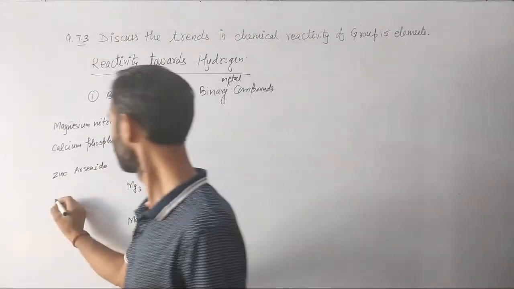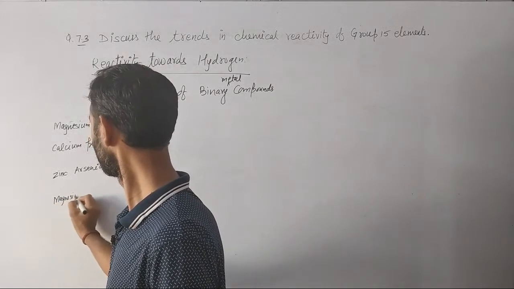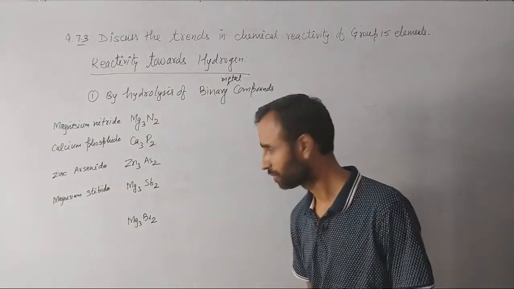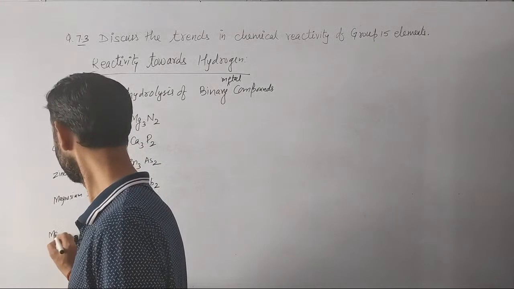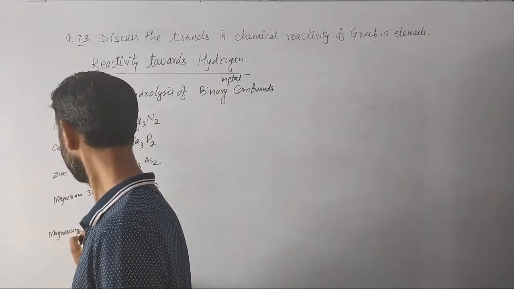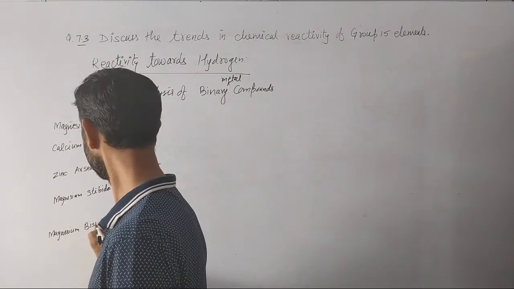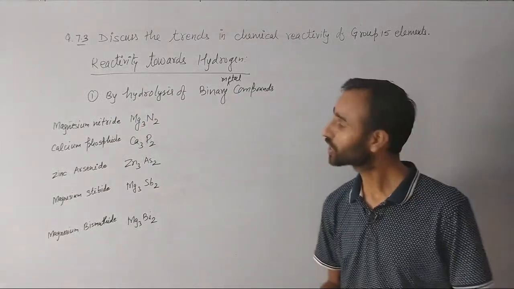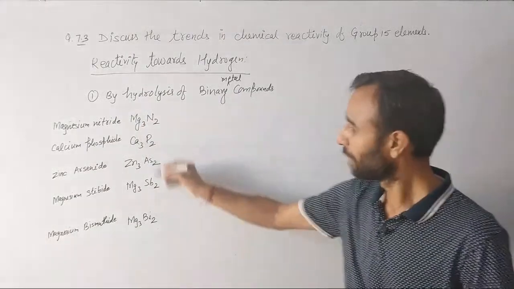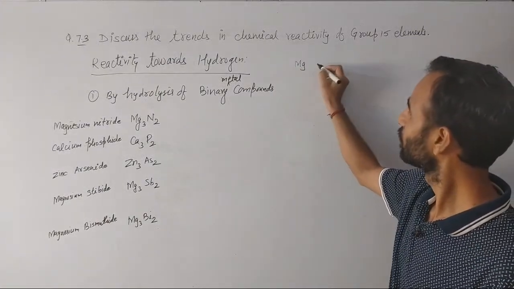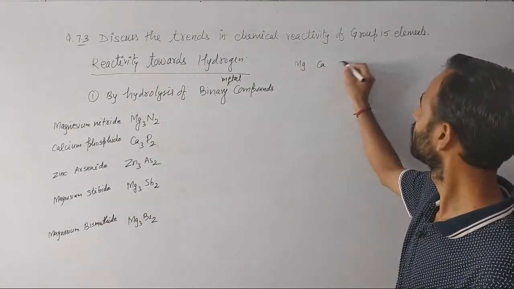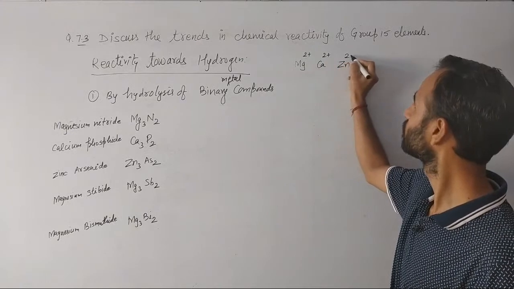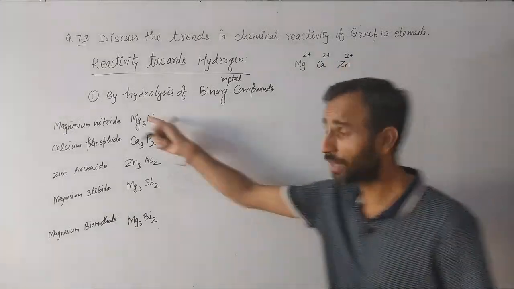This is magnesium stibide, and the last one is magnesium bismuthide. Okay, just hydrolyze them. You know, magnesium, calcium, zinc, all of them have +2 charge. Okay, these are the metals.